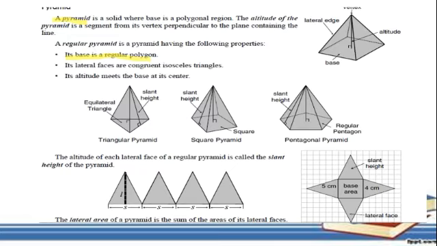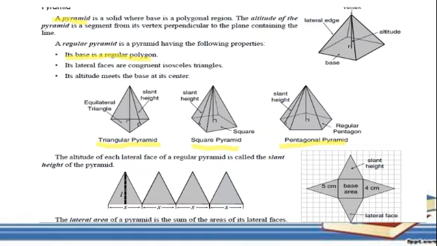So, these are the types of pyramid: triangular pyramid, square pyramid, pentagonal pyramid. The altitude of each lateral face of the regular pyramid is called the slant height of the pyramid.